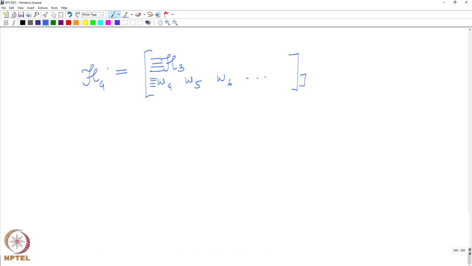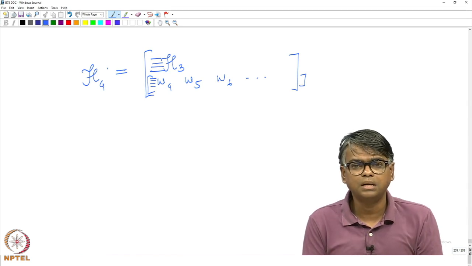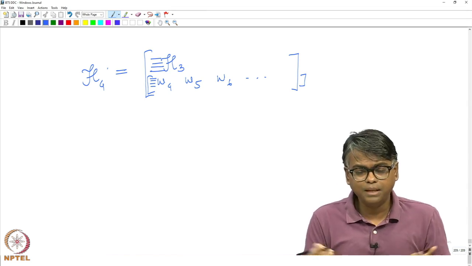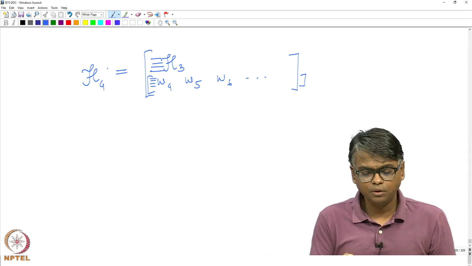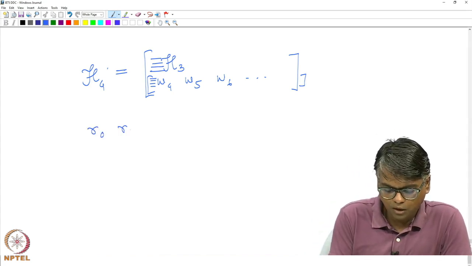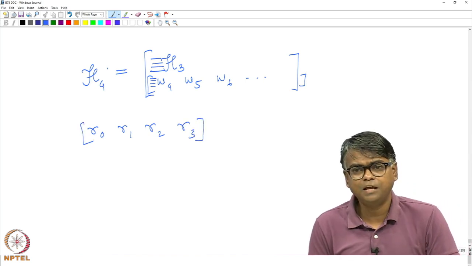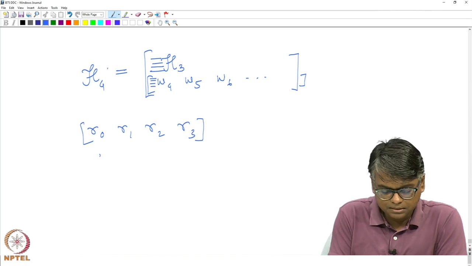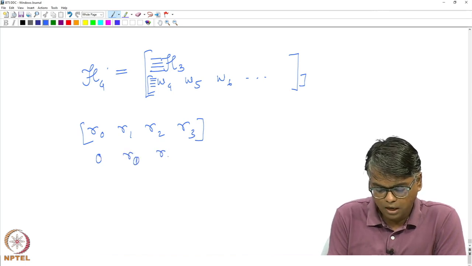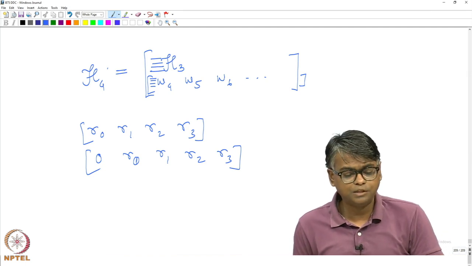Each of these is a q block row, so there are q rows, and those rows will continue to satisfy the same equations which were derived from h3, because it is a shifted version. And the way this Hankel matrix is constructed, it follows automatically that if there is some R0, R1, R2, R3 in the left kernel of H3, then 0, R0, R1, R2, R3 will be in the left kernel of H4.